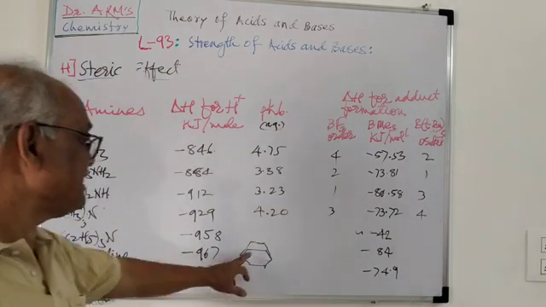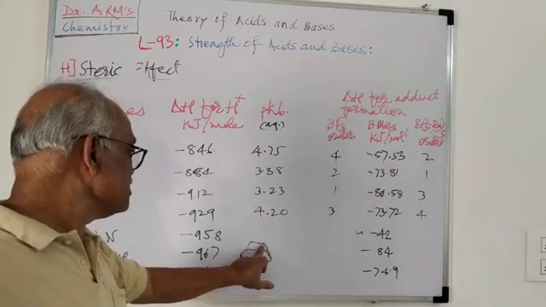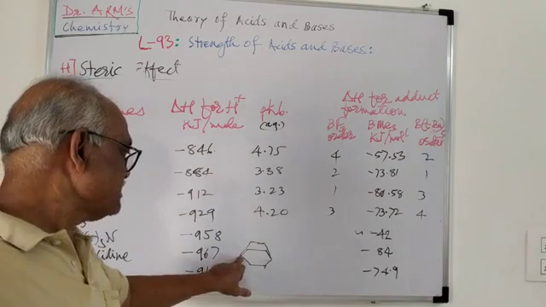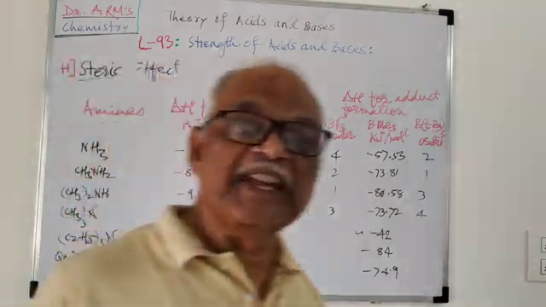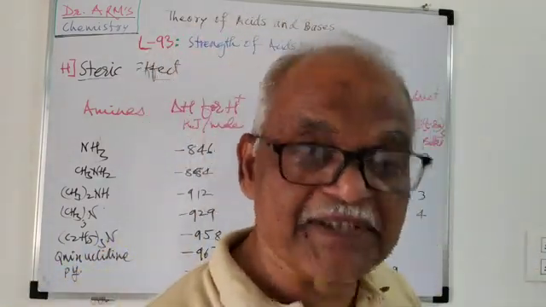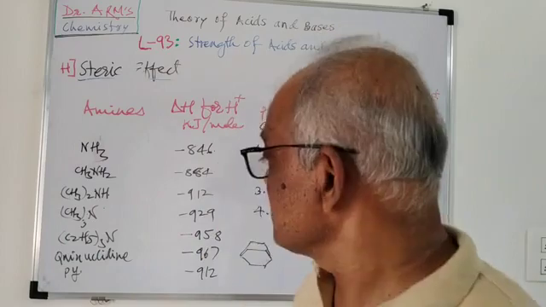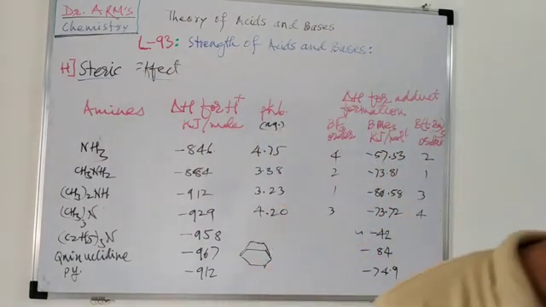Here the alkyl groups are pinned, meaning these two groups are attached here, pinned. That is why their steric effect is minimized. They are not interfering more, and that is why it is becoming a stronger base.